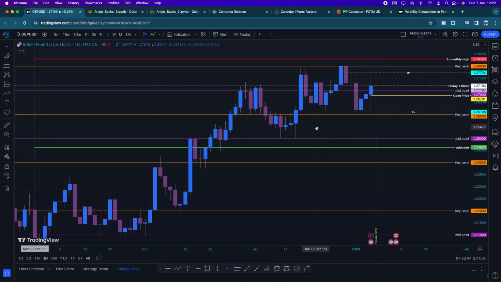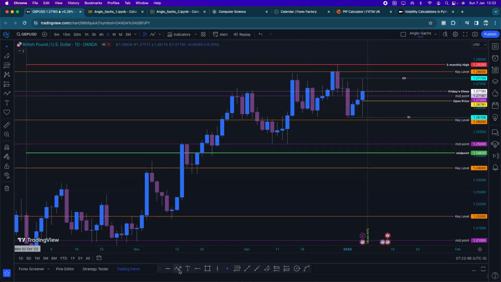And if we go up here, we can see on the daily, same type of behavior. We're seeing price close below this key level and also this midpoint. So it's almost an inverse situation in terms of what we see. We see it here, key level and this midpoint, price is accumulating. And what do we have here?